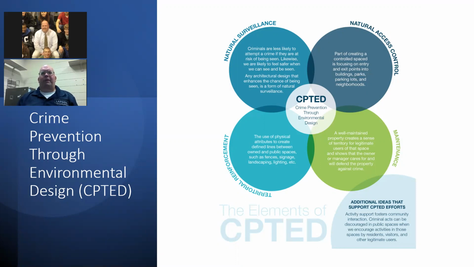Here are things that a lot of people often overlook that are part of the CPTED design. Lighting along sidewalks. Some of you probably have lighting on your own campuses, or you've been to a university campus or some type of sports facility, and the sidewalk has lights along it that kind of guide you in the direction that they want you to go in, because there's obviously, as we know, public entrances and then there's private entrances.